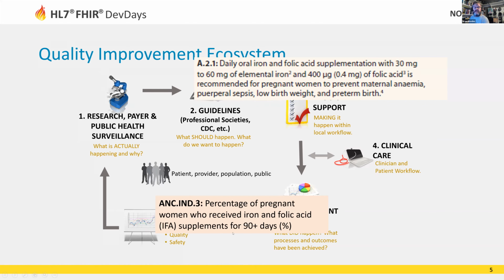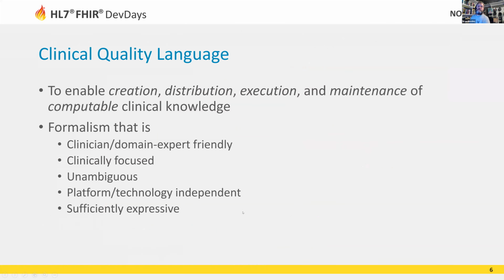You also see an indicator, so a public health indicator related to that recommendation, trying to ascertain the percentage of pregnant women who received iron and folic acid supplements for greater than 90 days. So ideally, those are different statements about the same concepts from different areas of that quality improvement cycle.